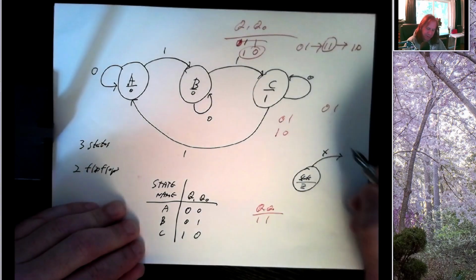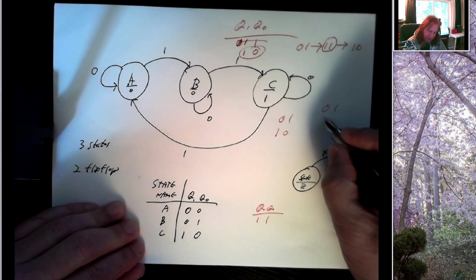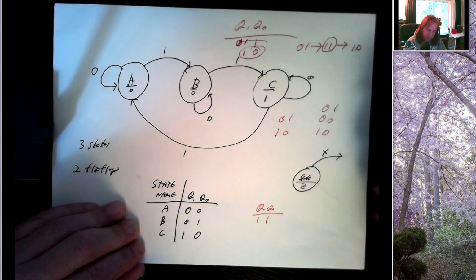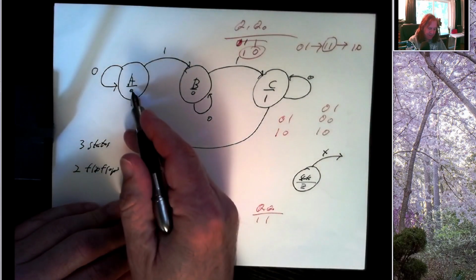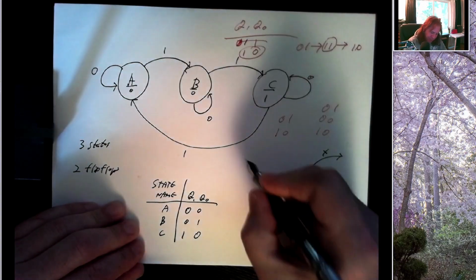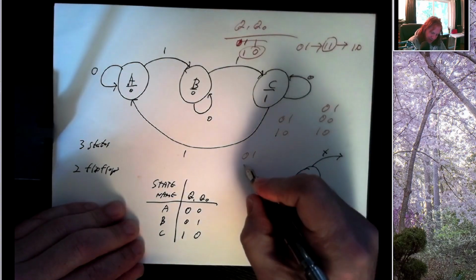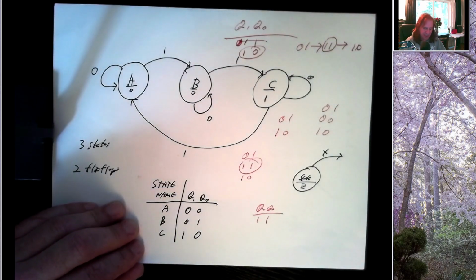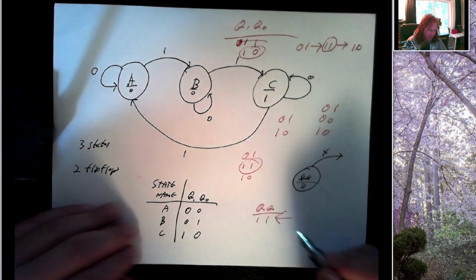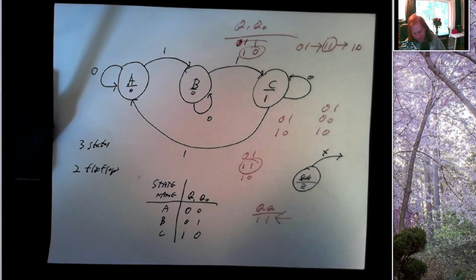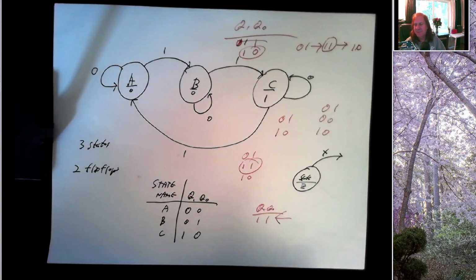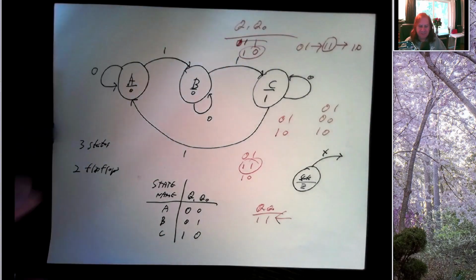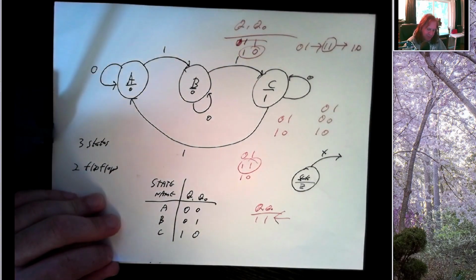If Q0 changes first, we might go from 0, 1 to 0, 0 to 1, 0, so we might temporarily find ourselves back in state A. But the other possibility is we might temporarily find ourselves in this fourth state, this exceptional state, where maybe as soon as something detects that we're in that state, it begins a series of events that involve shutting down the system or something.